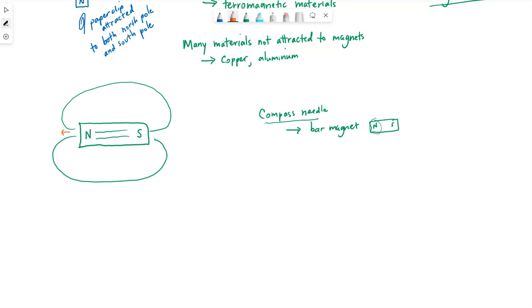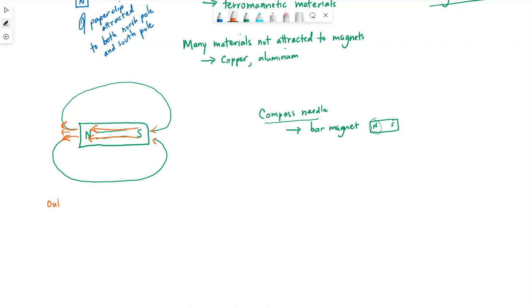We define the magnetic field as coming out of north and looping around and going back into south. But this field continues inside south to north.